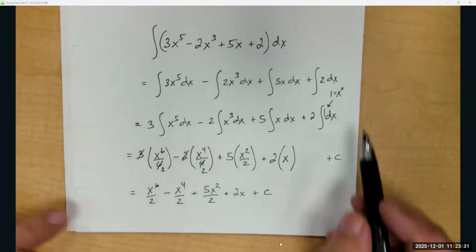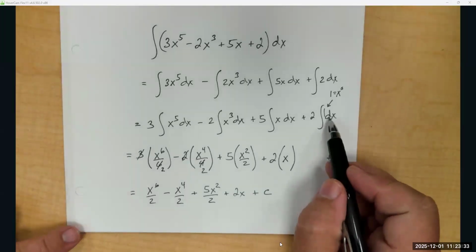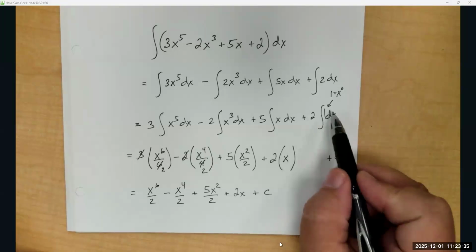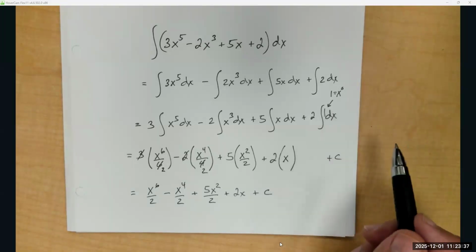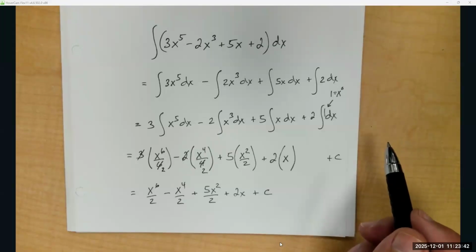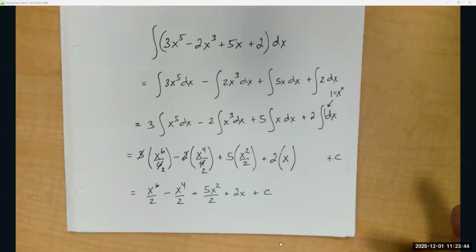Because if you think about it, what's the derivative? What if the derivative gives you a 1, what would the function have to be? x. The derivative of x is 1. I know, it's just the basic stuff, because we're thinking of more difficult stuff.